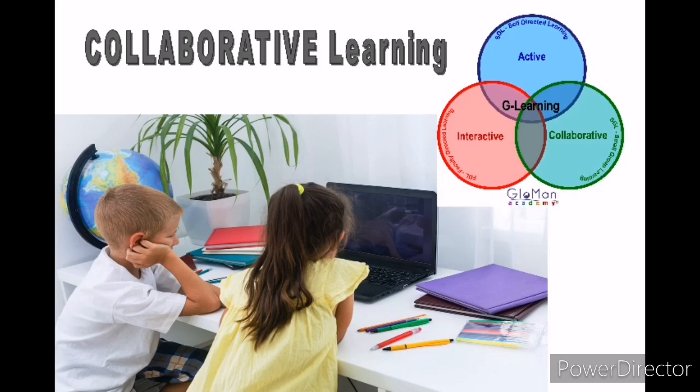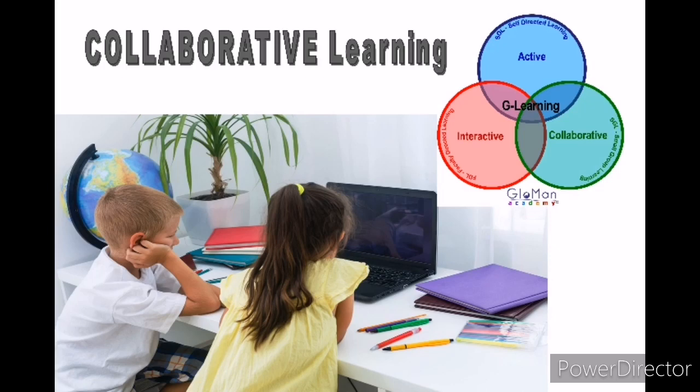The third part of G-Learning system is collaborative learning. As you can see in this picture, there are two students who are together working on an assignment given to them by their teacher.